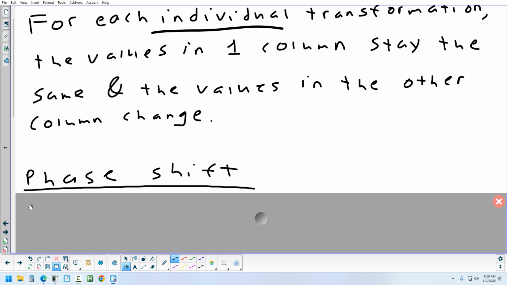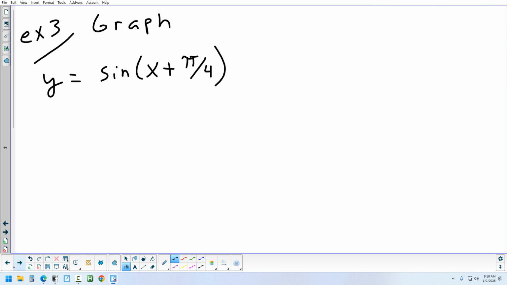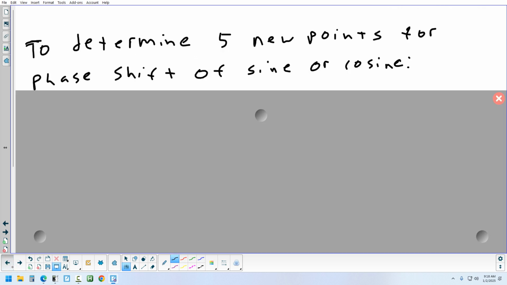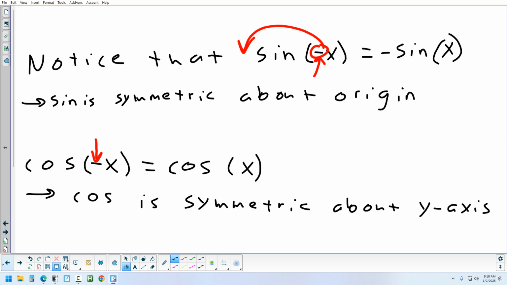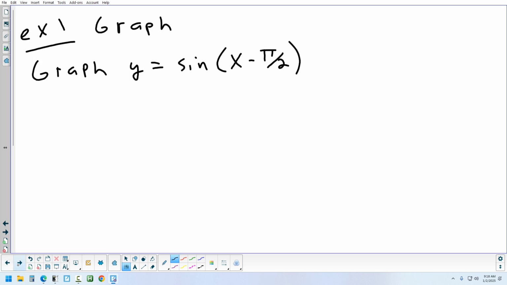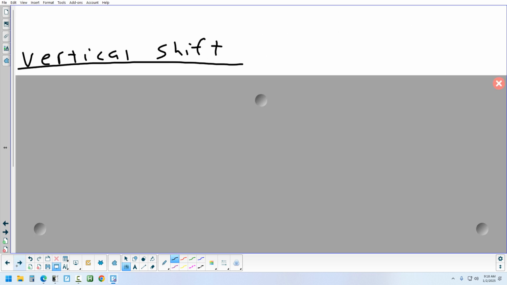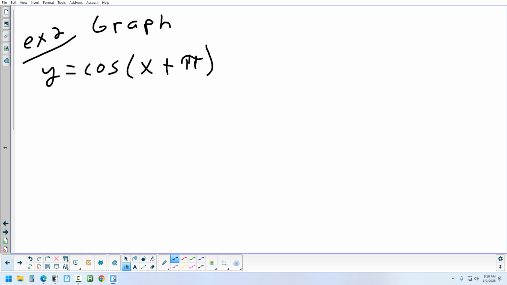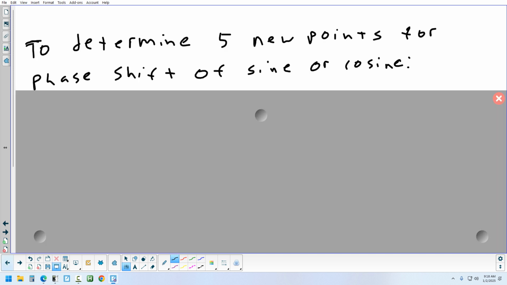There's no other graphs that really use that term, but sine, cosine, tangent, all those trig functions do it. So we're going to do shifting left and right, and then shifting up and down. Today we're going to do the 2 shifts. Tomorrow we'll do the 2 stretches.